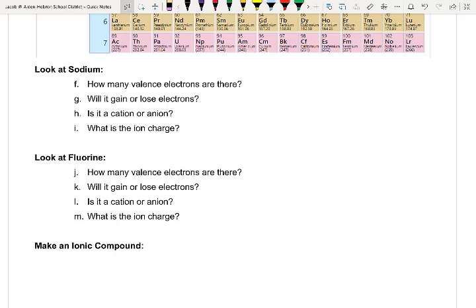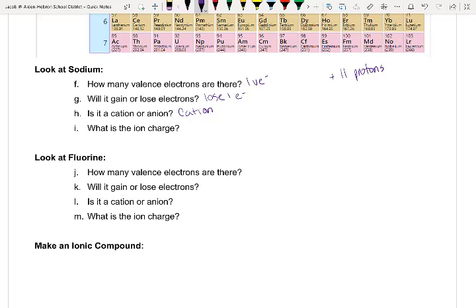So what's next? We're going to look at a couple examples. So first we're going to look at sodium. Sodium is 11 protons. On the periodic table, it's in that first column, so it has 1 valence electron. Because there's only 1, it's going to want to lose 1 electron. This makes it a cation.